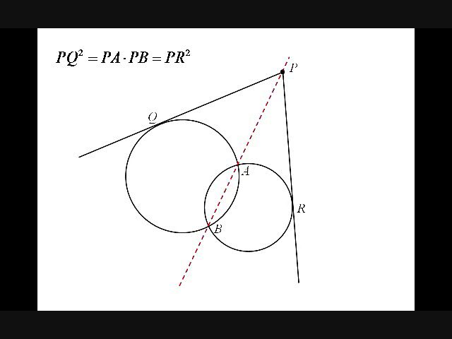But if you look at the circle on the right, PR squared is also PA times PB. So PQ squared equals PR squared, and therefore PQ equals PR. Alright, so we found some points. Any point along that red dotted line, as long as it's not between A and B, or at A or at B, will satisfy this equation, PQ equals PR.